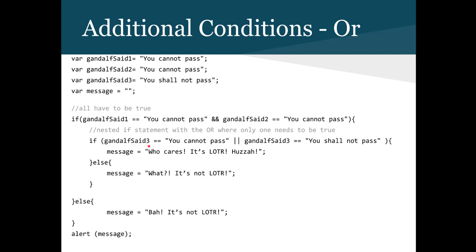If Gandalf said 3, you cannot pass, or Gandalf said 3, you shall not pass, then we know it's Lord of the Rings, because either can be true. If Gandalf said 3 is not either of those values, then we know that it's not Lord of the Rings. Somebody tried to trick us because the first 2 were right.